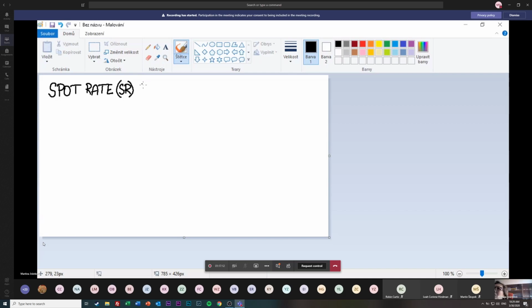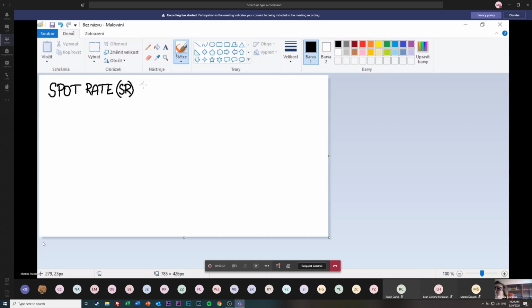There is the second possibility. This is the forward trade. That means that we will conclude the contract today, but in fact, we will exchange currency after some time.